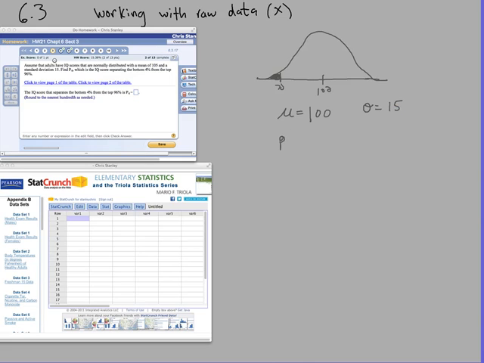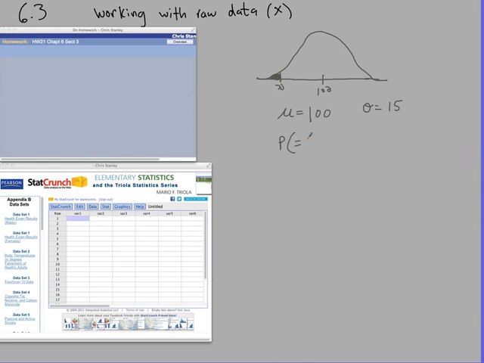And this would be the probability. I'm on a less than here, so I'm going to pick x less than. Now remember, this isn't a z anymore, these are your x's because I'm dealing with the raw data, and this is the percent as a decimal. So I want less than 70, and that's going to be your answer.